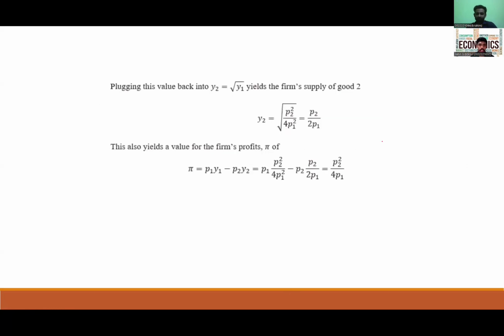This also yields a value for the farm's profit. Profit is the output the farm sells, the revenue it gets from selling this product, minus the production cost, which is given by this equation, and the rest of it shows the profit of the farm.